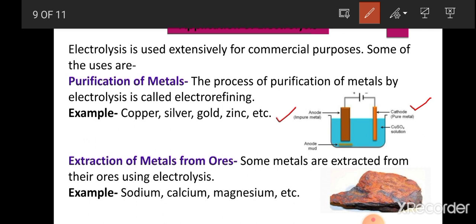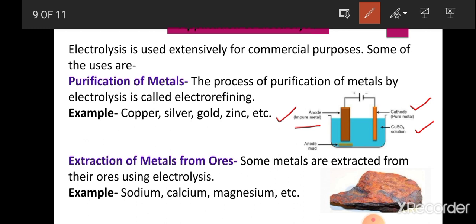So here you can see, just as an example, this is the copper sulfate solution. Okay, it means that this impure metal is copper. So here the impure metal is taken as anode, the pure metal, a thin pure metallic strip, is taken as cathode, and the soluble salt of the pure metal is taken as electrolyte.